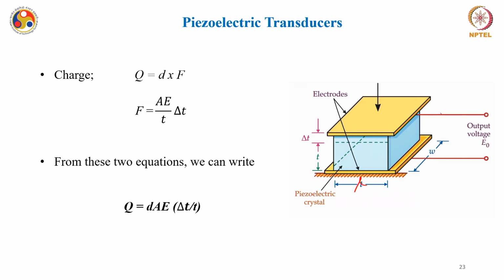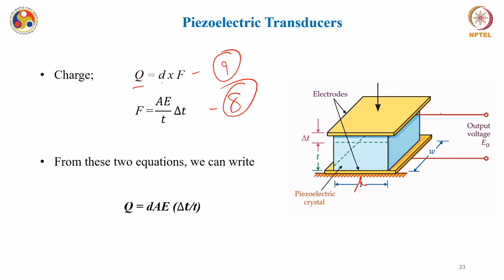We have already seen from a previous equation that charge Q is equal to D multiplied by F, and I am calling this equation 9. From equation 8 we have seen F is equal to AE by T into del T. Now from these two equations I can calculate Q in terms of the applied force.